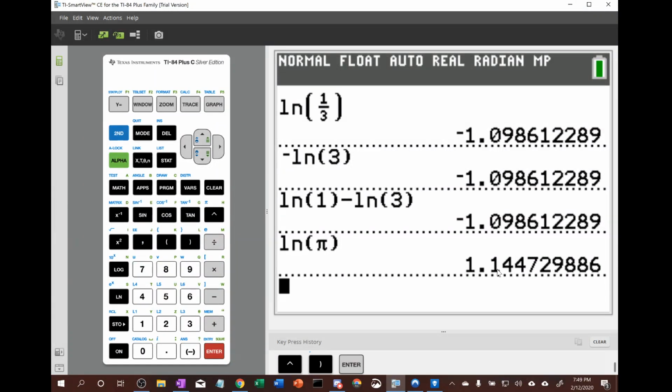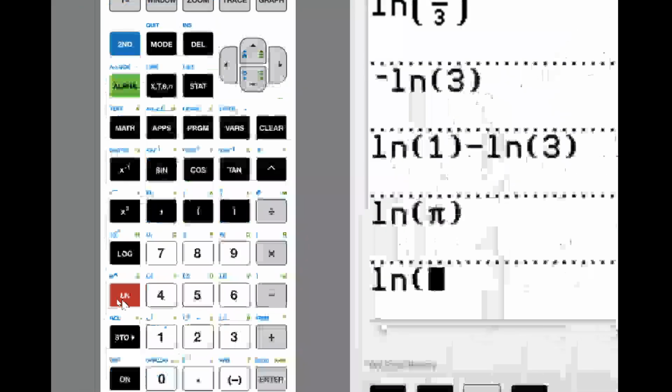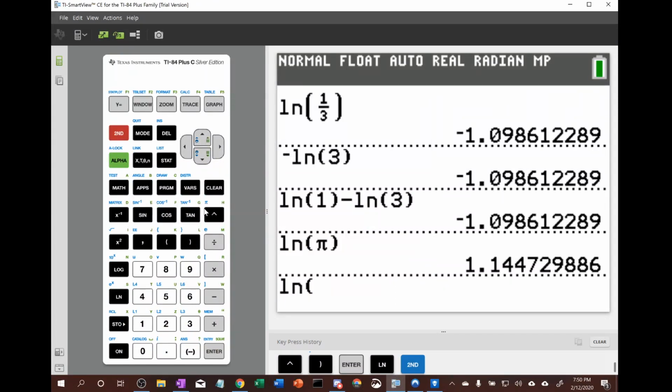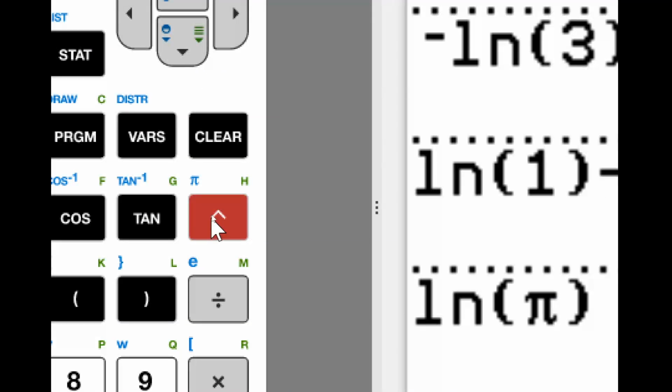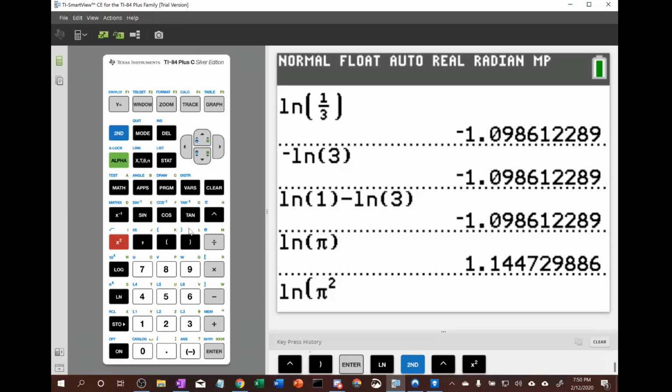All right, it's actually a number, 1.144. Wonder if that's some kind of weird, special, mystical number. Okay, how about the ln of pi squared? So ln, second, hit that pi, and then go over here and hit this x squared button to square pi. All right, let's hit it.